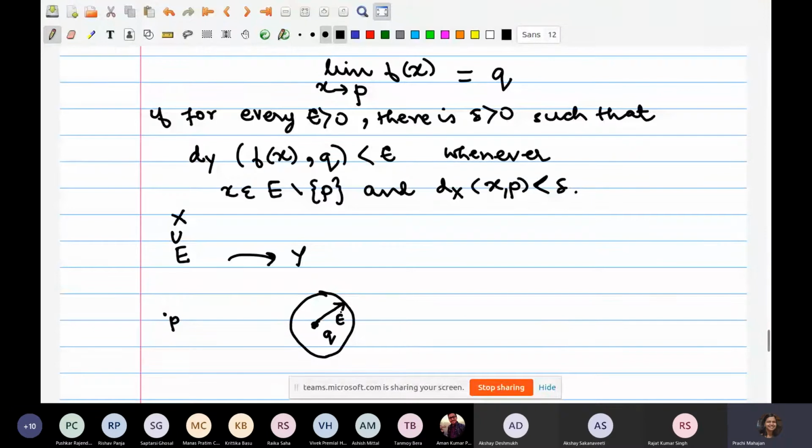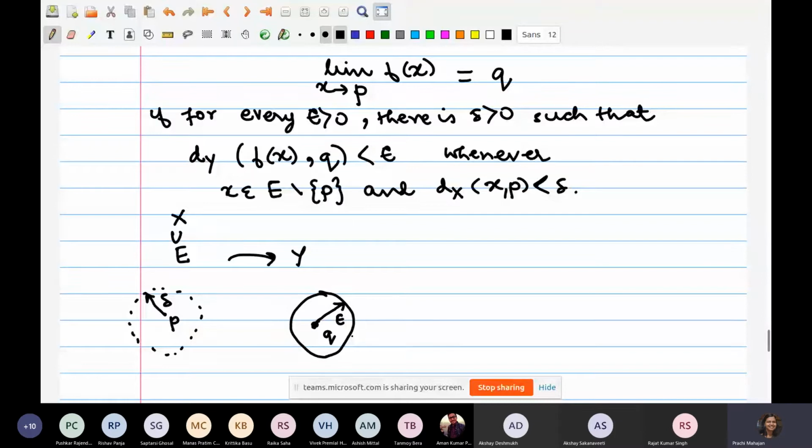So given epsilon positive and this point q in Y, I'm looking at the epsilon neighborhood of the point q with respect to the metric on Y. If I can find a positive delta such that if you look at the delta neighborhood of the point p with respect to the metric on X, which means that I look at this set, so this is a delta neighborhood of the point p.